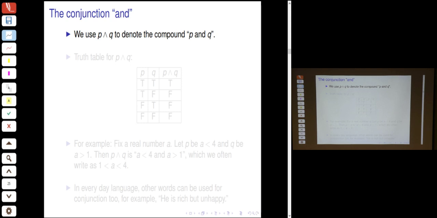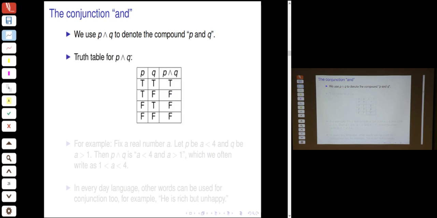The mathematical symbol for this, people usually write as a wedge like this. We use this wedge to denote the compound P and Q. I don't want to say P wedge Q all the time, so allow me to just say P and Q. Just read this wedge as and.